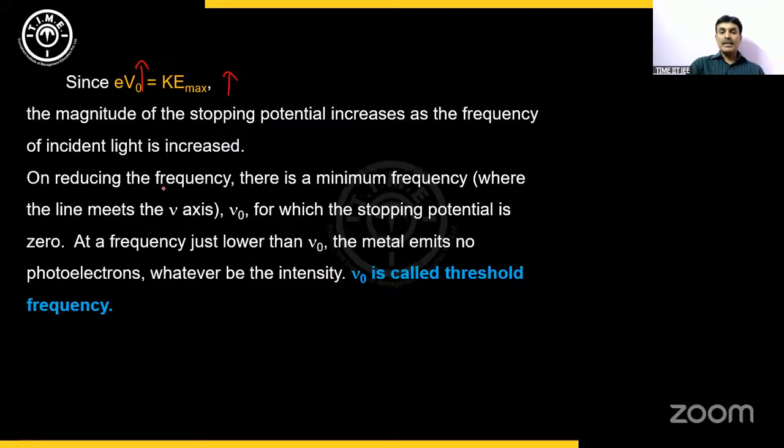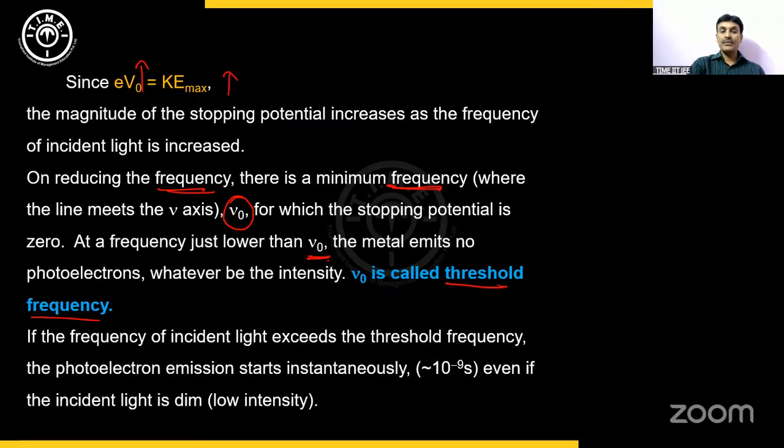So on reducing the frequency, there is a minimum frequency, that is nu naught, for which stopping potential becomes 0. So if the frequency is less than this particular value nu naught, metal is not going to emit any electrons. So that particular frequency is called threshold frequency.